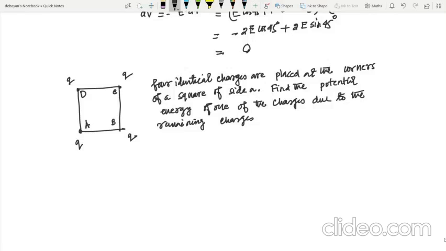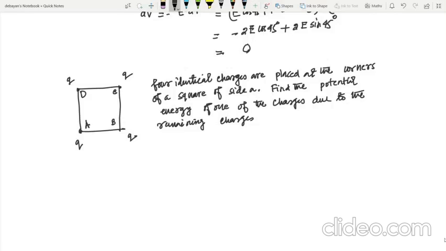This is the point A. You have to find the electric potential due to this charge, due to this charge, and due to this charge. So you know the formula, Q by 4 pi epsilon naught into distance. That is the corresponding formula for finding the potential.